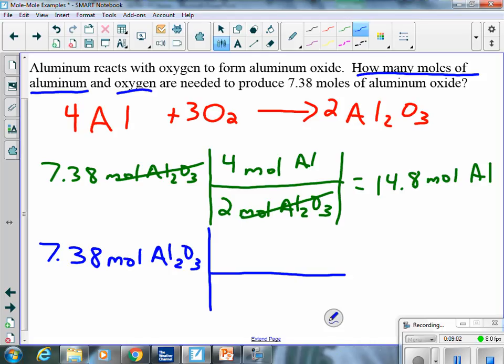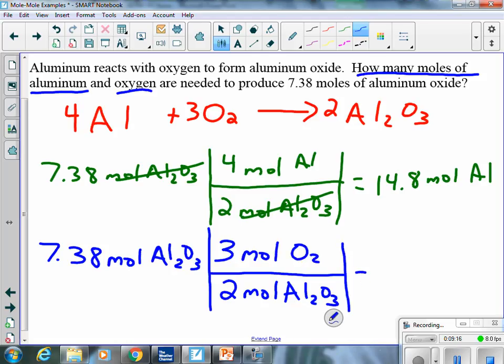So, in order to cancel, I'm going to have moles of aluminum oxide on the bottom. On the top, I need 3 moles of oxygen, because I got that from my balanced chemical equation. I get my cancel to occur.